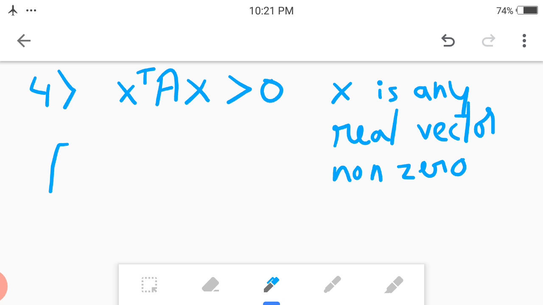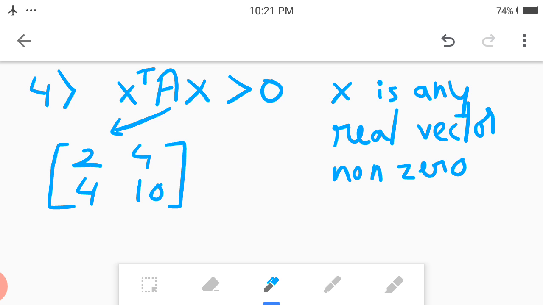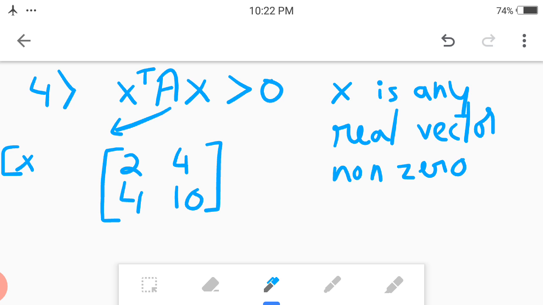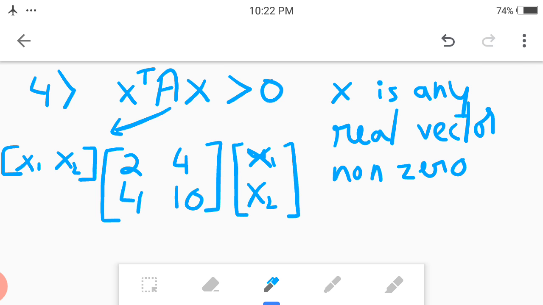Let's consider the previous example of the 2 4 4 10 matrix. So your matrix A was 2 4 4 10. Now I will give a little space so we can accommodate our x transpose also. 2 4 4 10. So x1 x2 on the left and x1 x2 on the right.